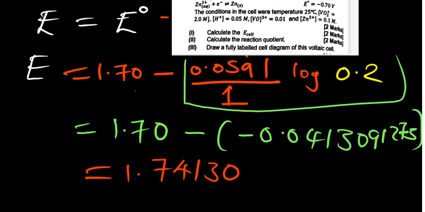Now looking at the number of significant figures given in the question, the least number of significant figures we have, how many do we have? What's the least number of significant figures in the question? How many significant figures are in 0.1?